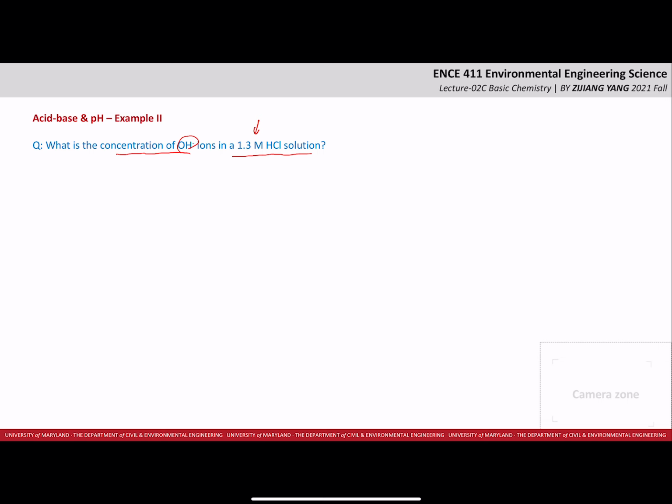Again, HCl is a strong acid. So the dissociation is complete, and we can write down the dissociation equation like this. And we know this is 1, this is also 1, and the concentration is 1.3, and this is the concentration of H plus contributed by HCl. And again, we can solve the equation, and we can get that the concentration of H plus contributed by HCl is 1.3 mole.